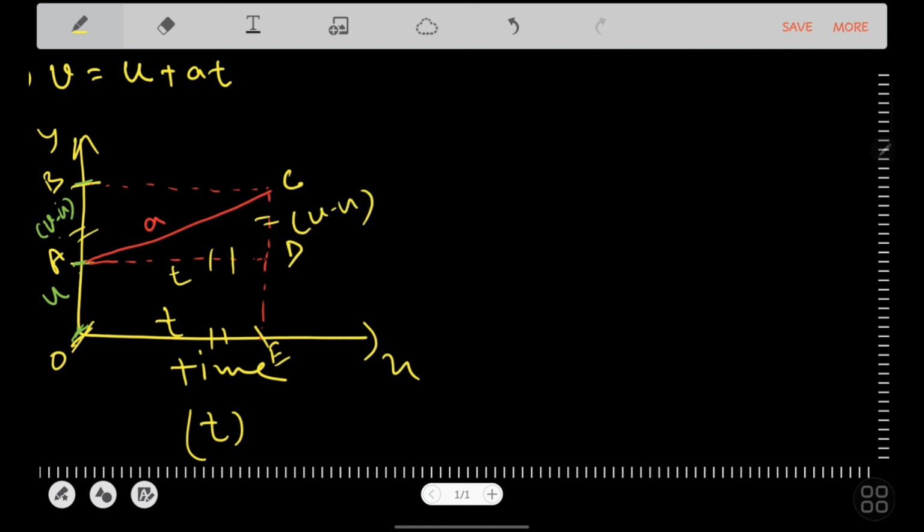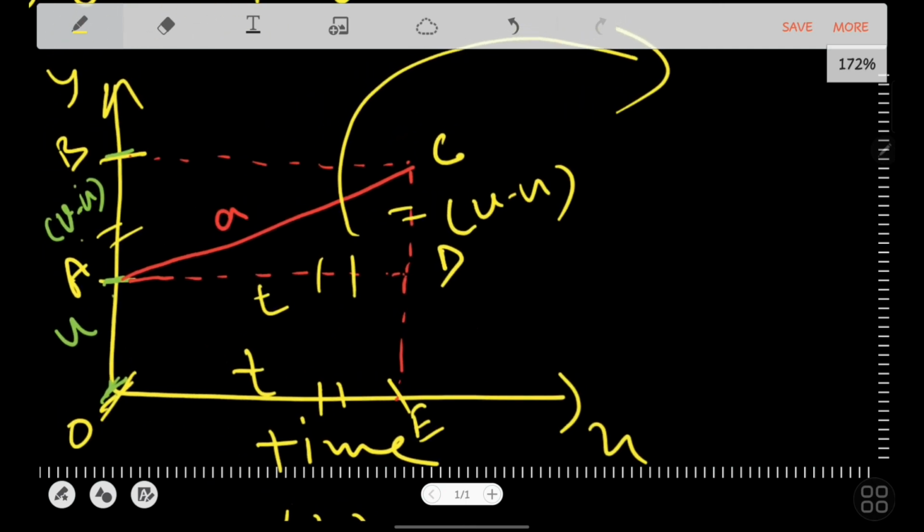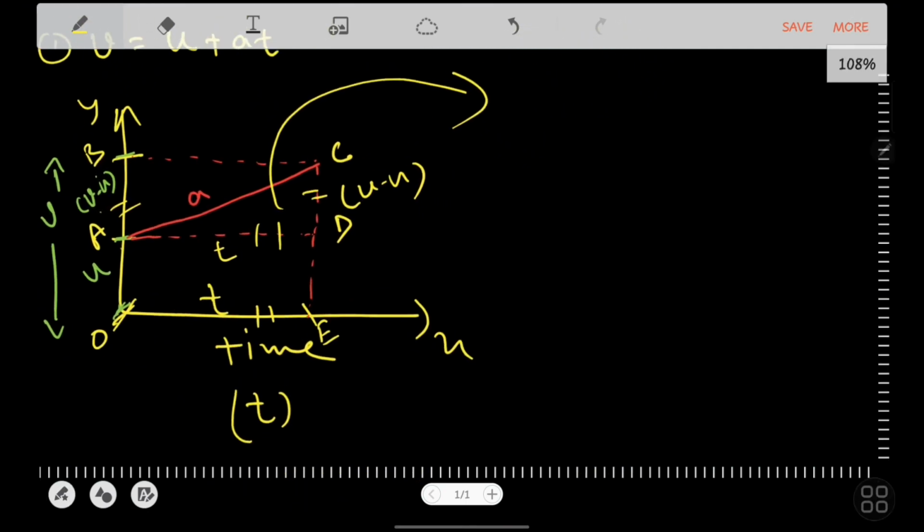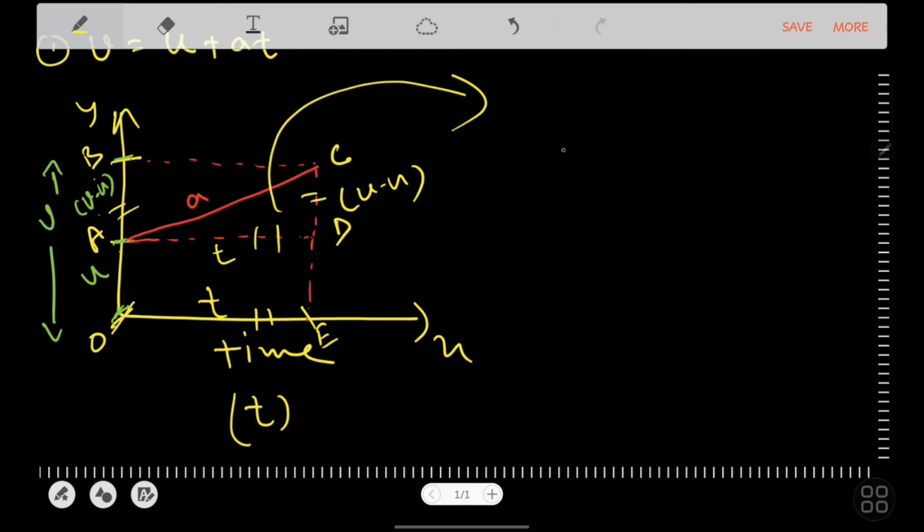Am I clear? So in this triangle, if we highlight it, we will get this triangle. This is the angle theta. The naming we will take is so that we can easily configure it.